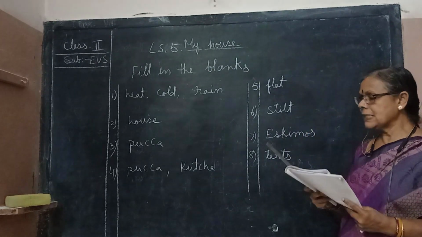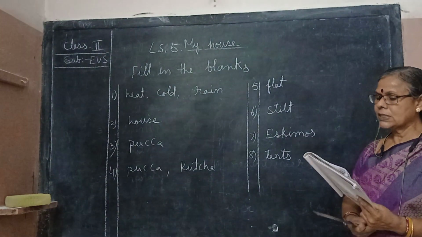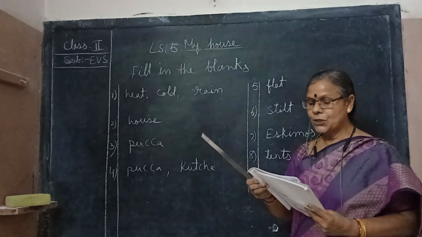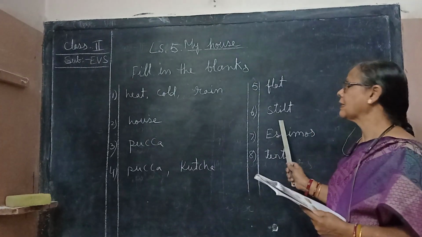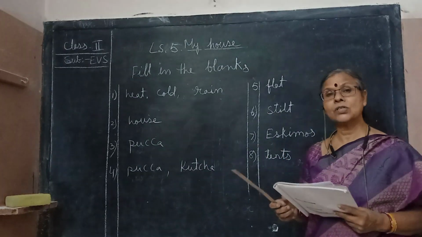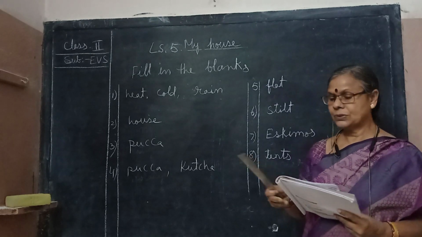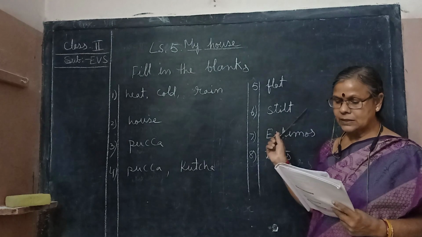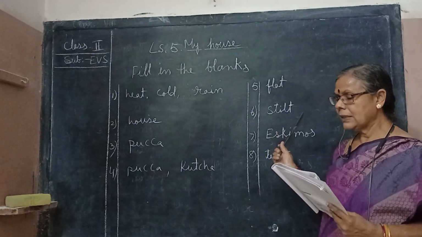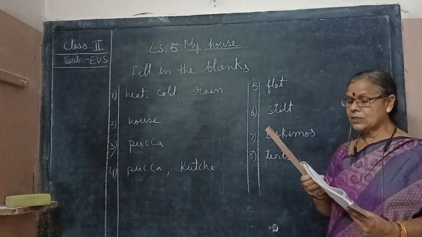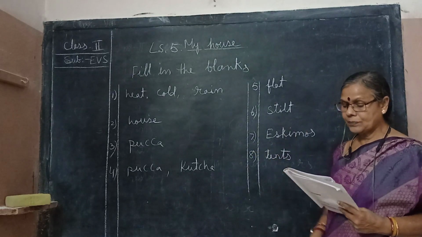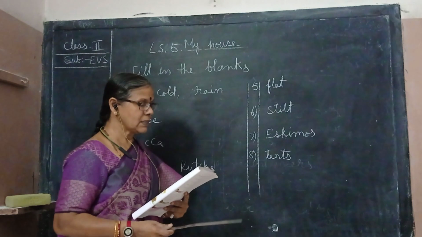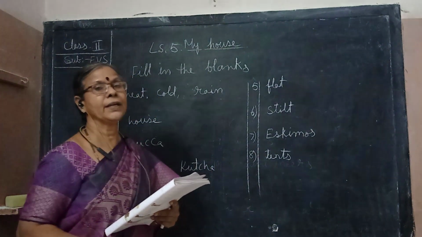Then sixth is, dash houses are built in areas with heavy rains due to flood. That is stilt. Stilt house I drew, you know. S-T-I-L-T. Stilt houses are built in areas with heavy rains due to floods. Then seventh is, dash live in igloos.